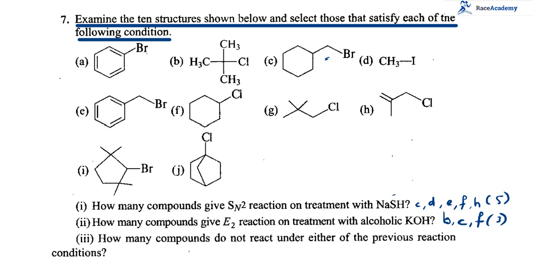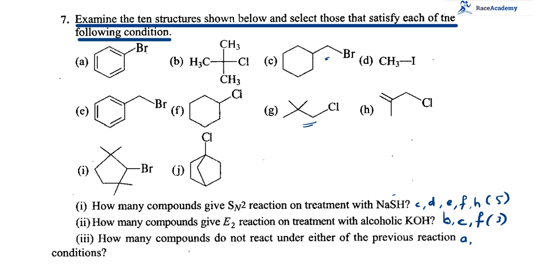So SN2 reaction and E2 reaction, in both the reactions these compounds are not participating. So what are they? If you take the first one, aryl halide. Aryl halides are less reactive and they do not participate rapidly like others. And if you see G, here also we have a chlorine.